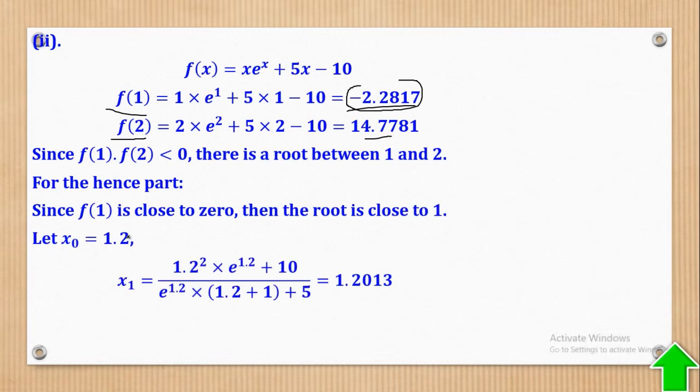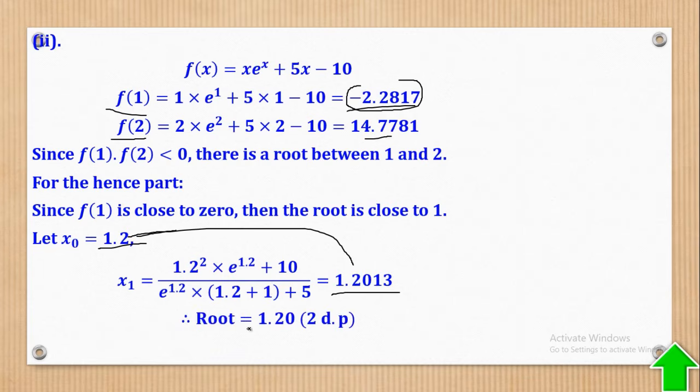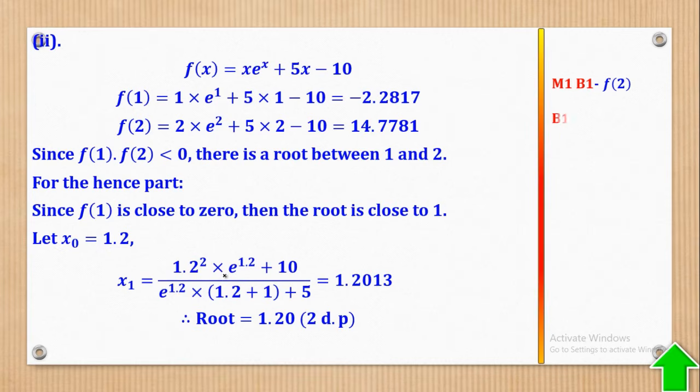Then I will use sight to compare. So this one to 2 decimal places is 1.20, and this one to 2 decimal places is 1.20. So they are the same values, meaning that you stop there and you conclude that the root is 1.20 to 2 decimal places. So basically that's what they wanted.